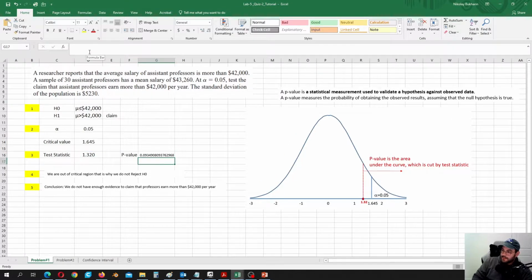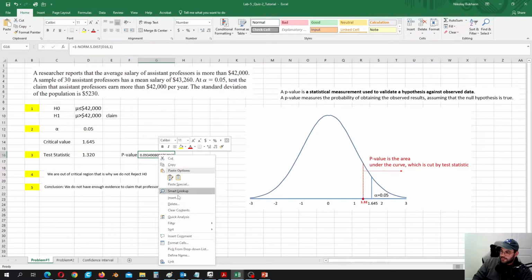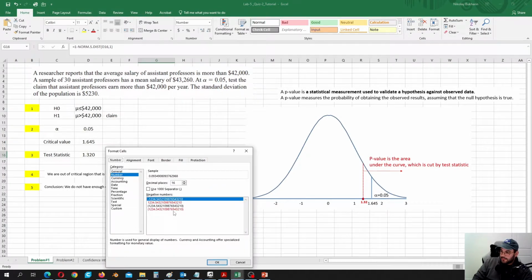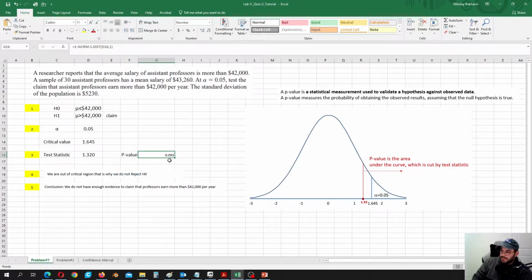So this is our p-value. Let's format it to the third digit. It is 0.093.